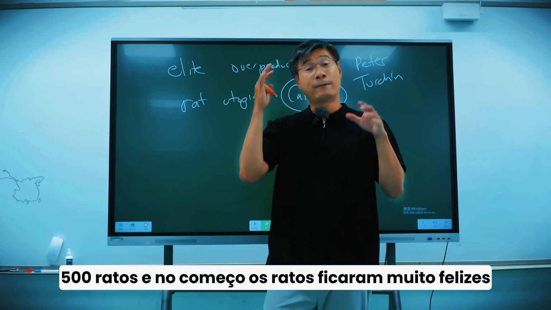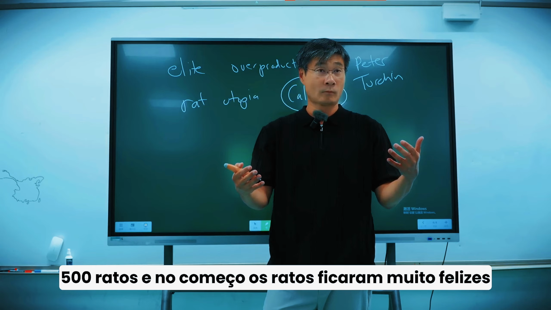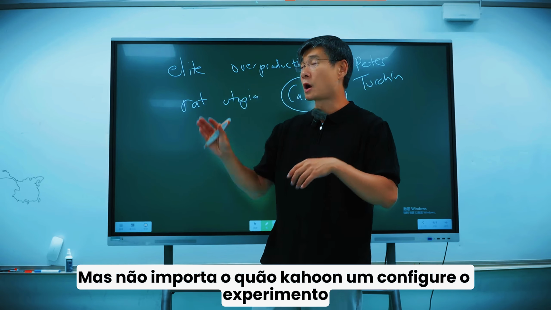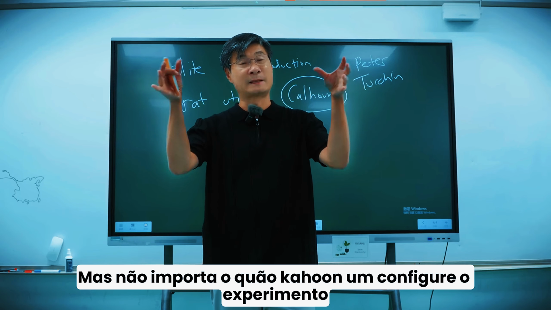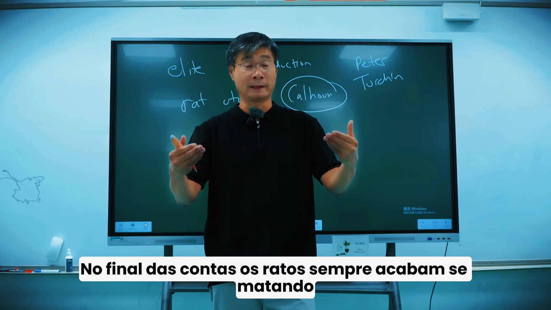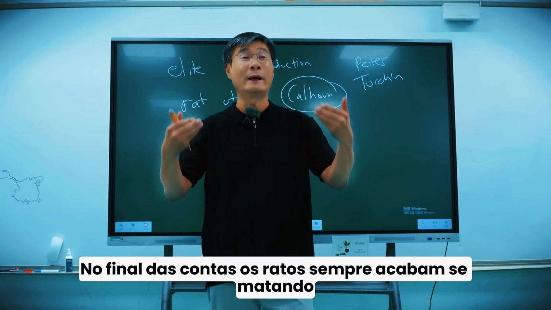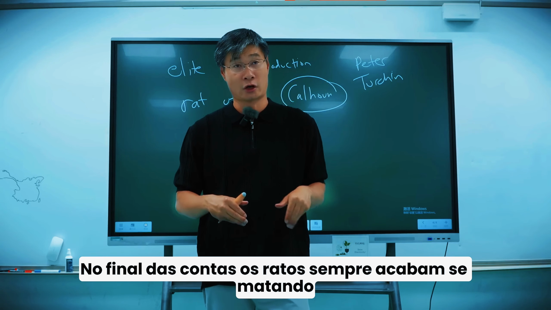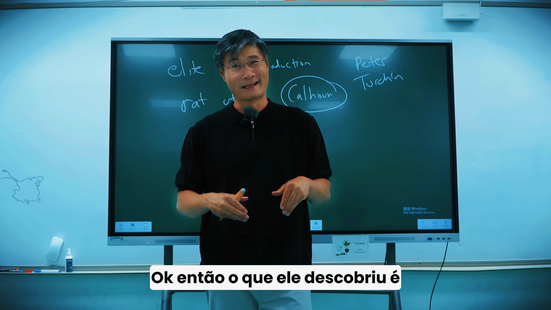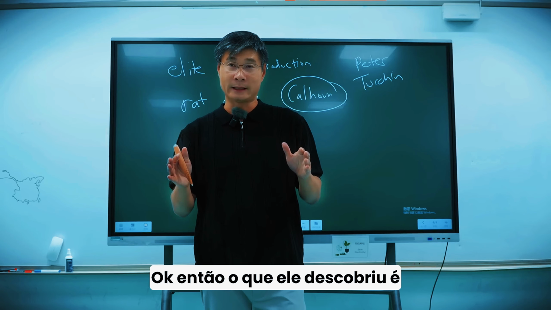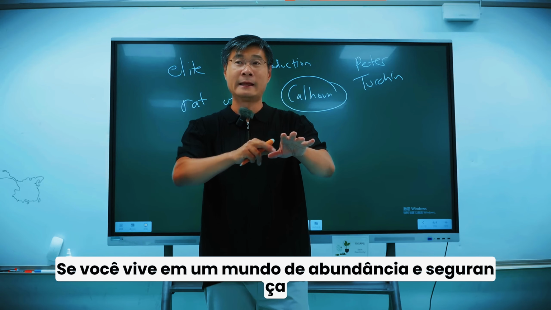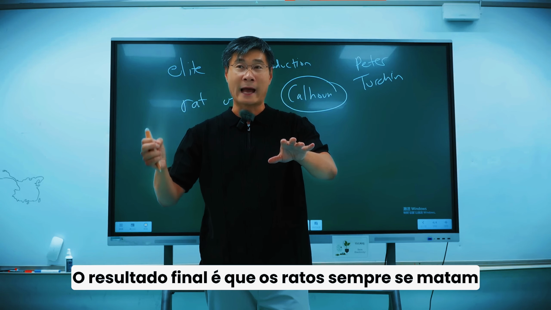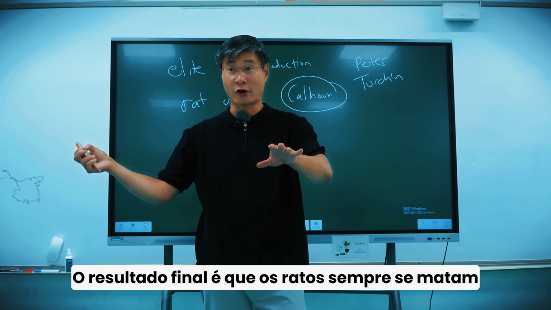And at first, the rats were really happy. But no matter how Calhoun configured the experiment, ultimately, the rats always ended up killing each other. Okay? So what he discovered is, if you live in a world of abundance and security, the end result is the rats always kill each other.